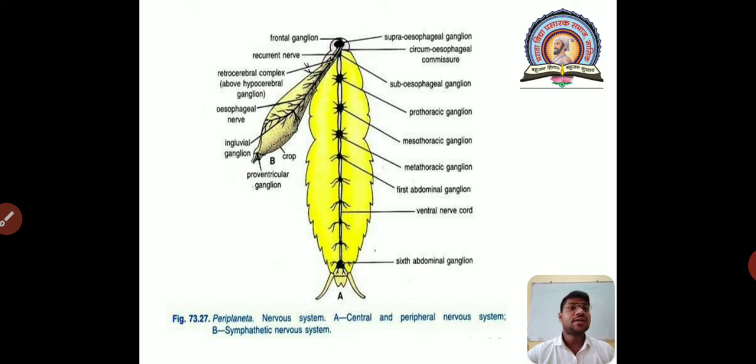This is the middle part, the mesothoracic ganglions. Then the first abdominal ganglions, and this is the lower part. This is the ventral nerve cord and the sixth abdominal ganglions. This is the overall diagram of the nervous system of the cockroach.